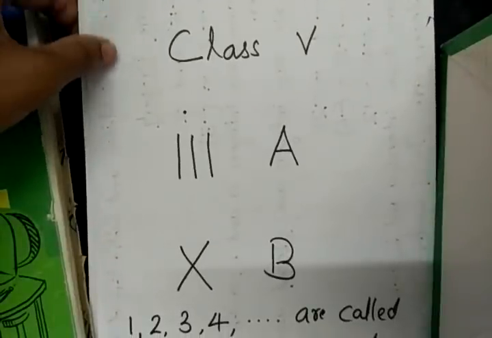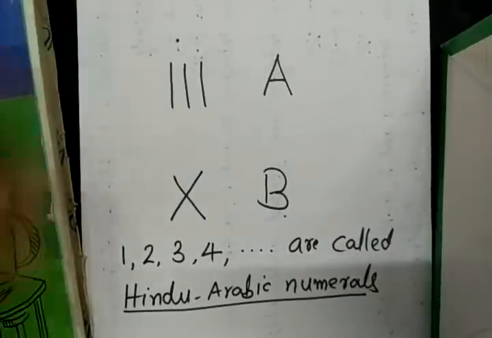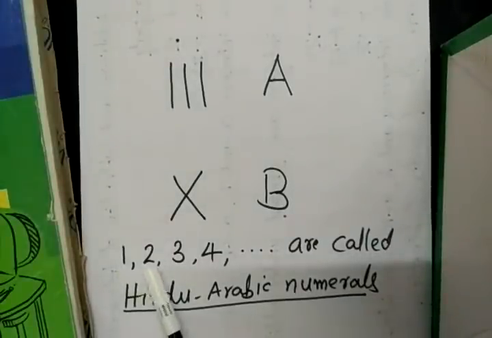Before that, the normal numbers we are using now, that is 1, 2, 3, 4, etc., are called Hindu-Arabic numerals.